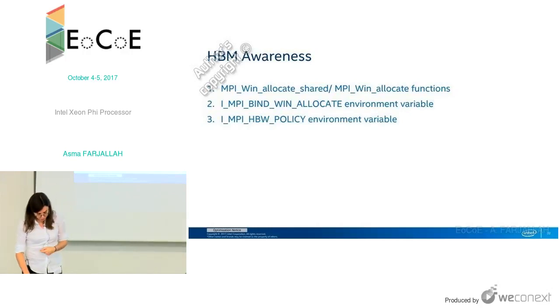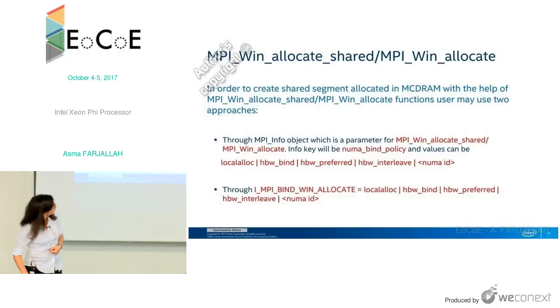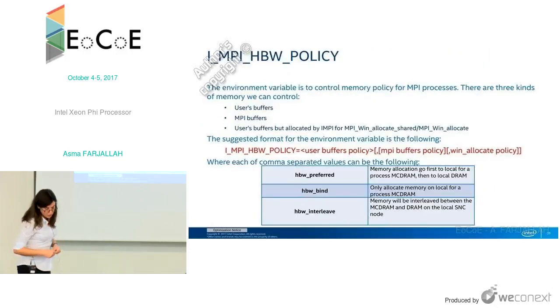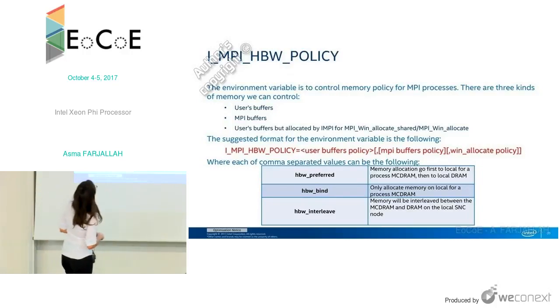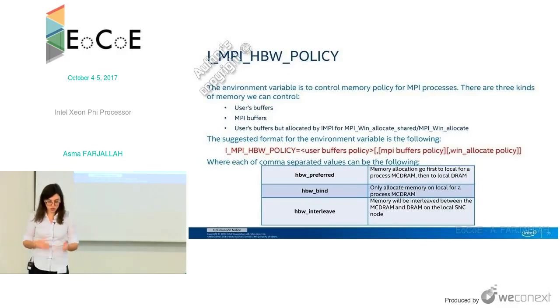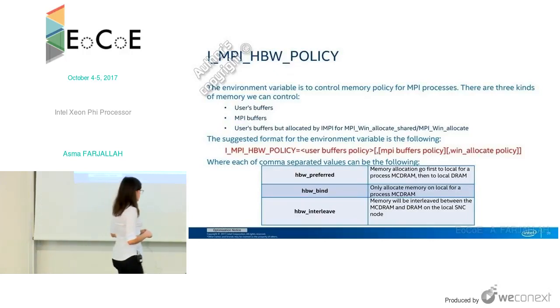With the MPI HBW policy, you specify the user buffers, which are the mandatory ones, the MPI buffers, and then some buffers that can be used for MPI_Win_allocate_shared.